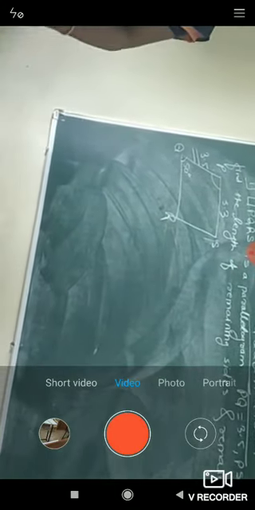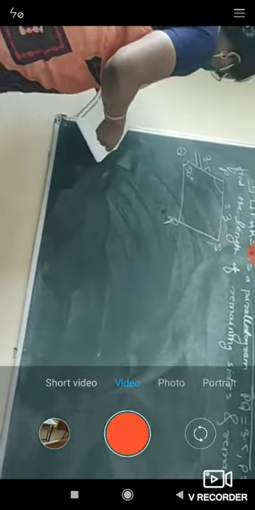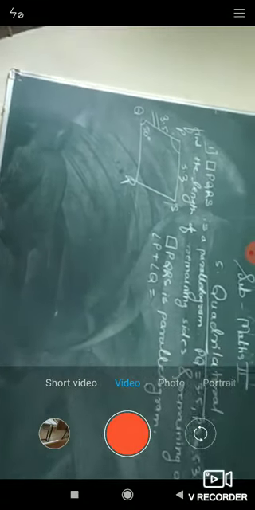Okay, now we will solve this. Write down. In quadrilateral PQRS, sorry, here write: quadrilateral PQRS is a parallelogram. Angle P plus angle Q is equal to how much? 180 degrees.